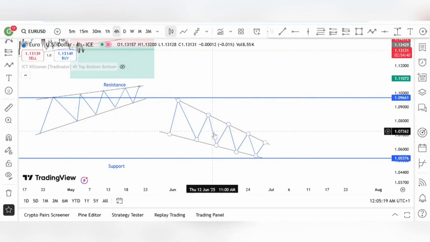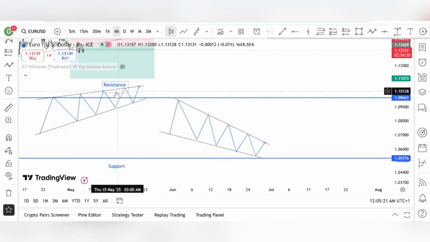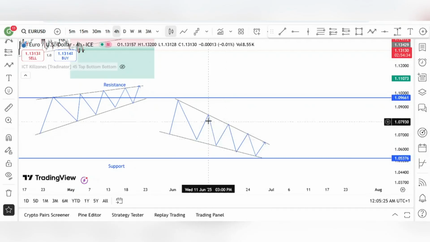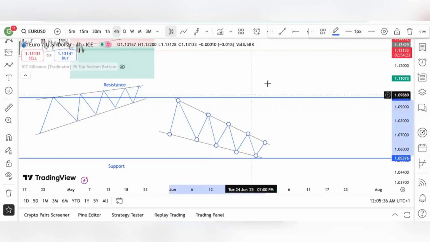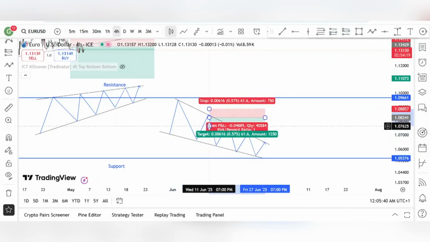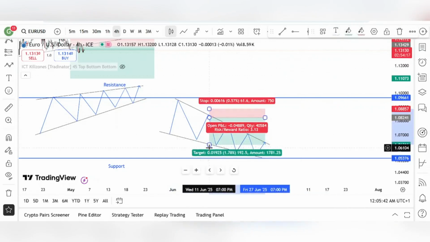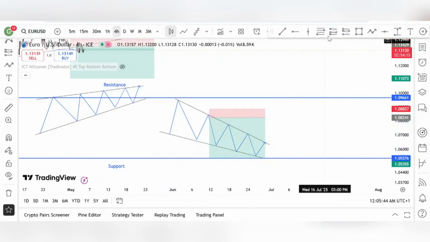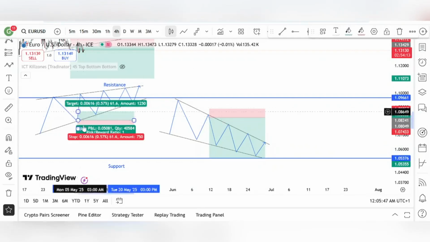In a rising wedge, you're looking for pullbacks to buy. In a descending wedge, you're looking for pullbacks to sell. As simple as that. You don't want to just buy at the support. No, you're waiting for pullbacks. Please take note, you're waiting for pullbacks. So in this one, you're just trying to catch sells, and in this one, you're just trying to catch buys.